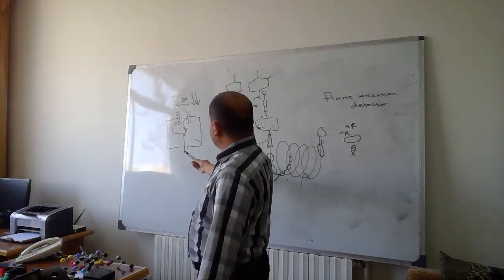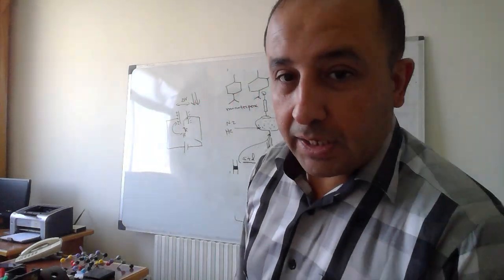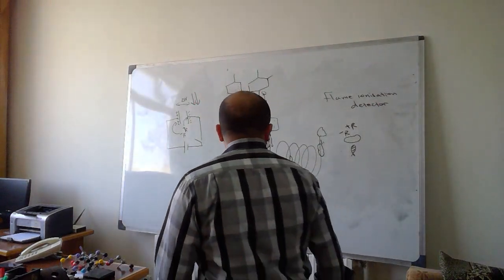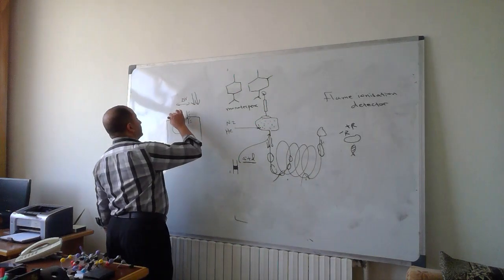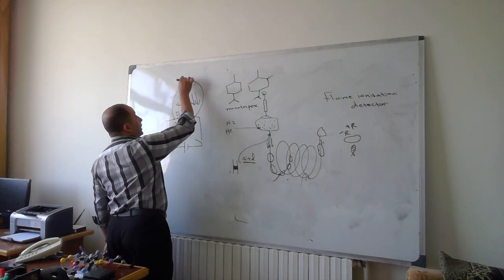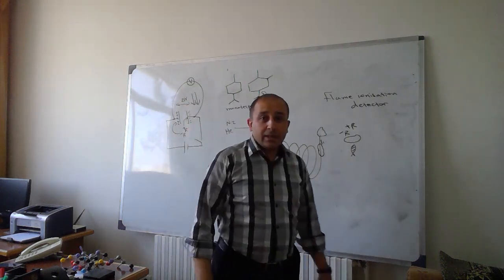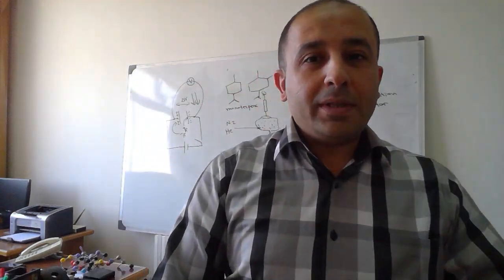So it's independent of what? Of the battery, of the source of electricity. Now, if we have a voltmeter here, this voltmeter will measure the real voltage independent of the battery.